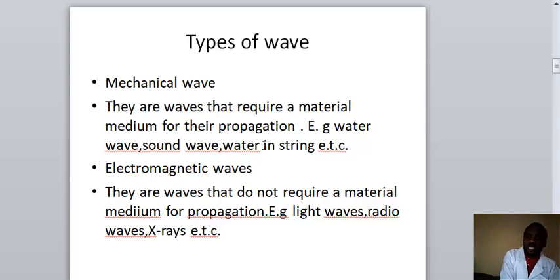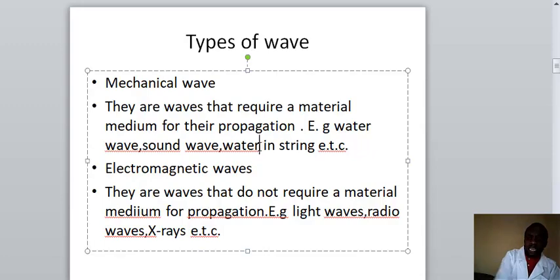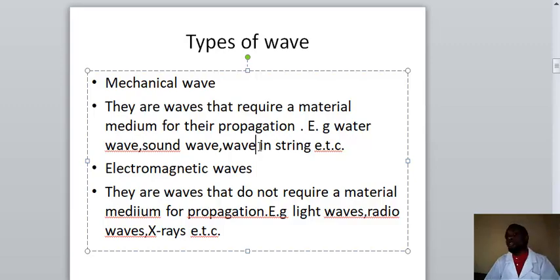So all these things are what we refer to as mechanical waves. When you look at the water wave, sound wave, and wave in a string, you will discover that all of them require material. Before you can produce a water wave, you need water, and probably a stone that you can throw in it.